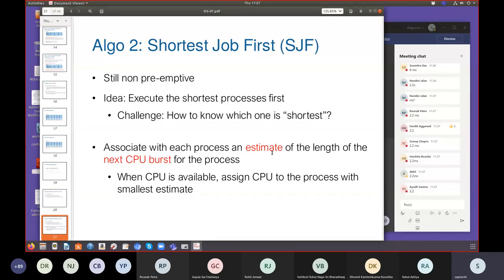Essentially the kernel is trying to predict the future, and there is no feasible way of doing it other than estimating. So associate with each process an estimate of the length of the next CPU burst, and when the CPU is available, assign it to the process which has the smallest estimate.